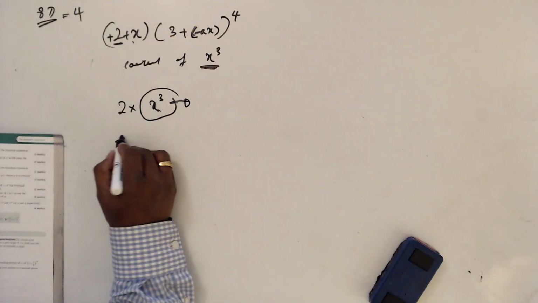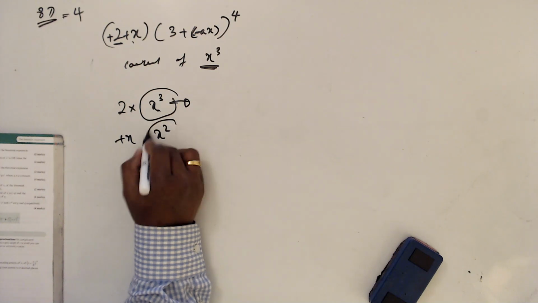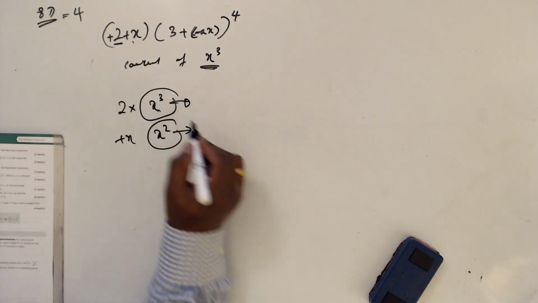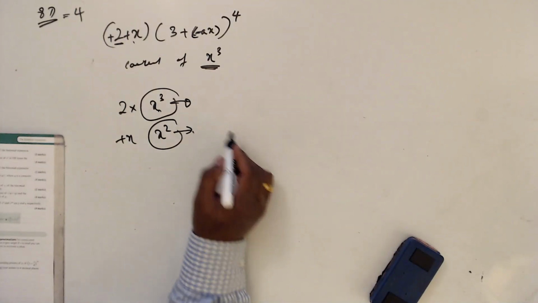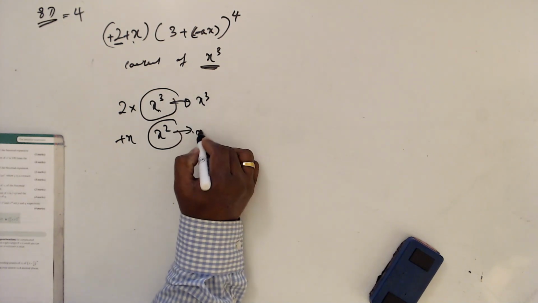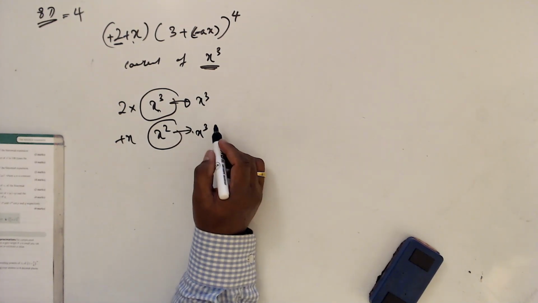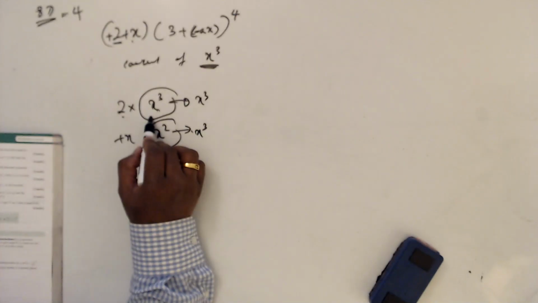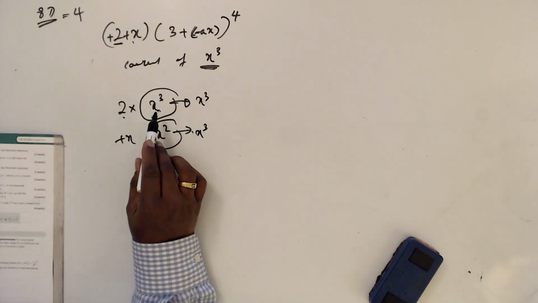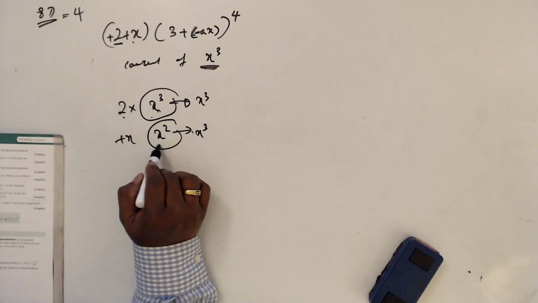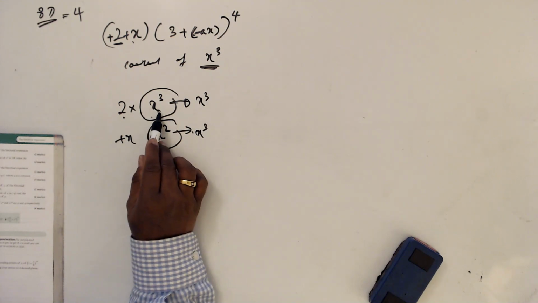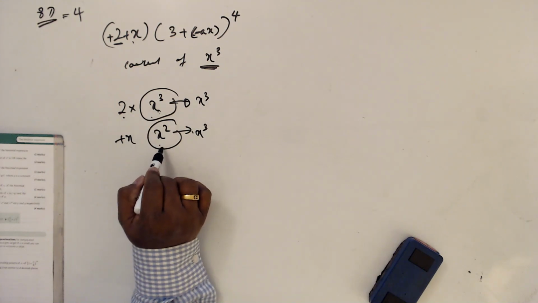Or plus x multiplied by the x square term also makes an x cube term. So I have to find two terms: one is the x cube term, another one is the x square term.